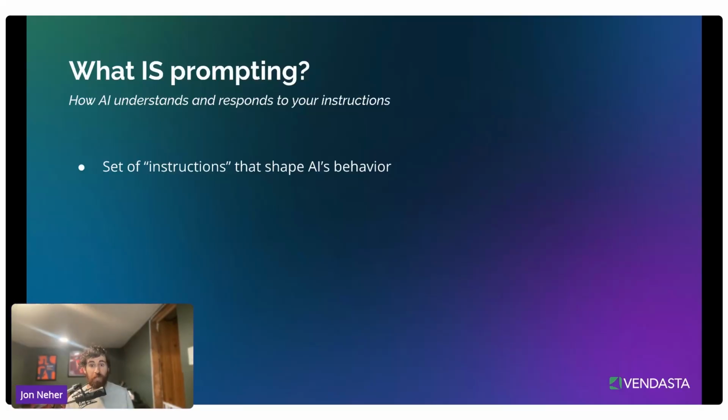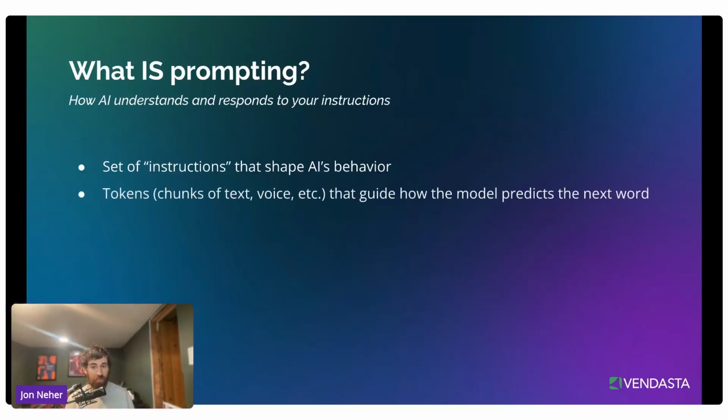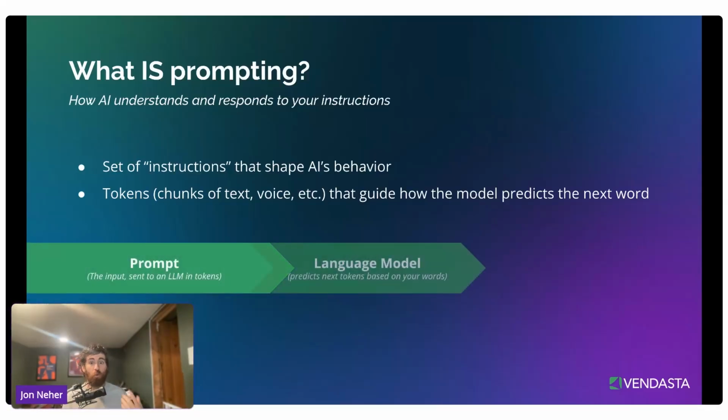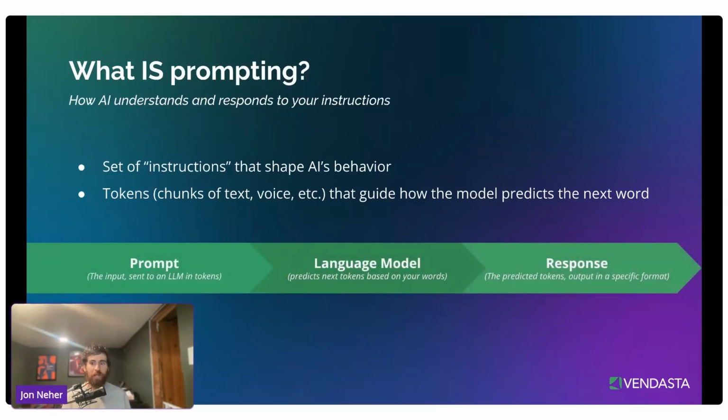Every word in your prompt becomes part of a sequence of tokens that the model uses to predict the next token that would normally appear. So when we talk about writing good prompts, we're really talking about having inputs that will repeatedly get the kind of outputs that we expect. In my example, that might be repeatedly getting the right kind of products shown in the right kind of format.